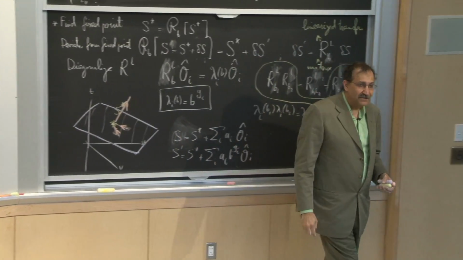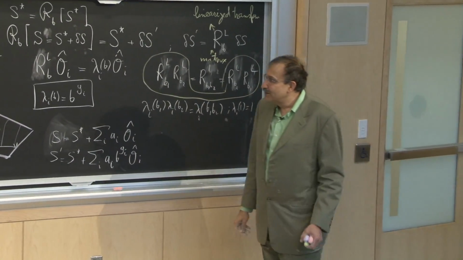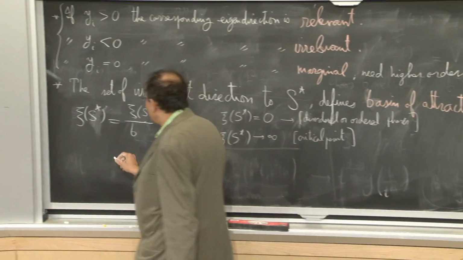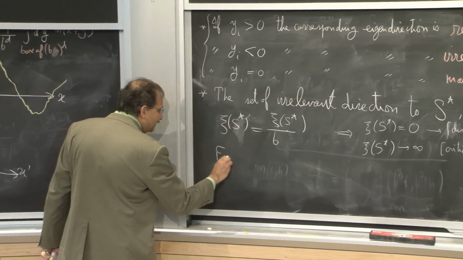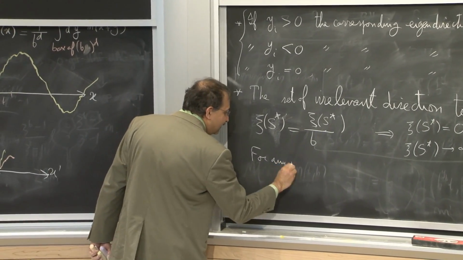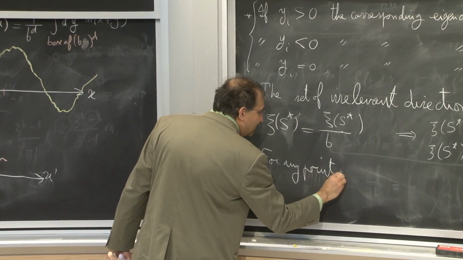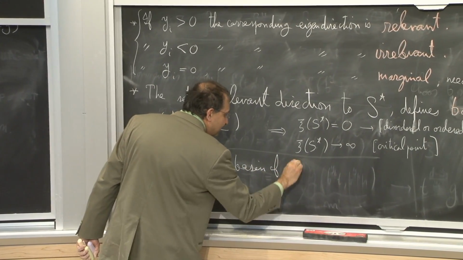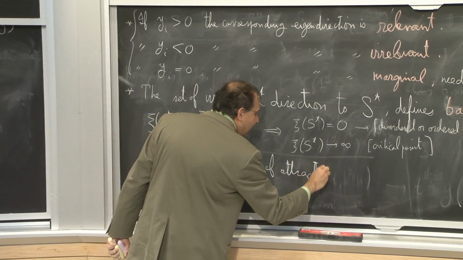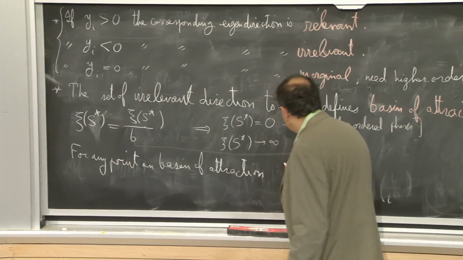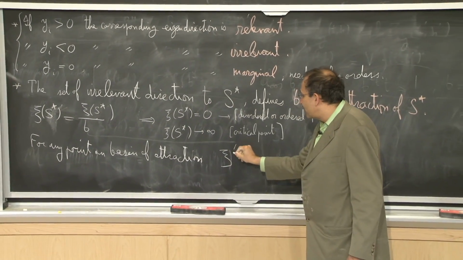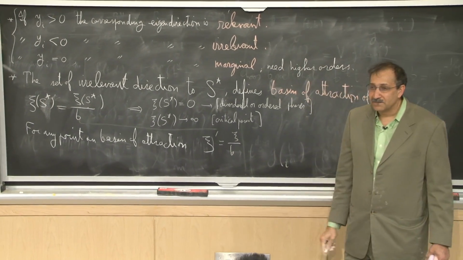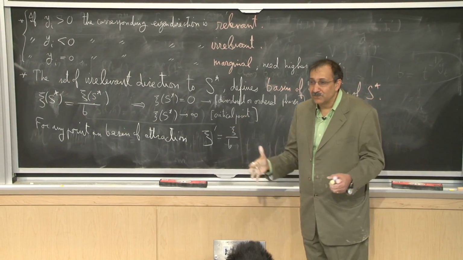Why? Because of this basin of attraction. For any point on the basin of attraction, I do rescaling and find that psi prime is psi over b. It becomes smaller, so you generically tend to become smaller.